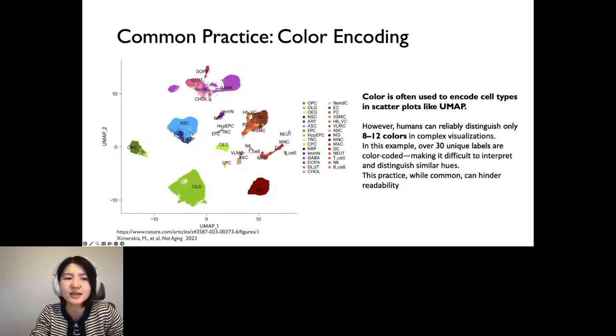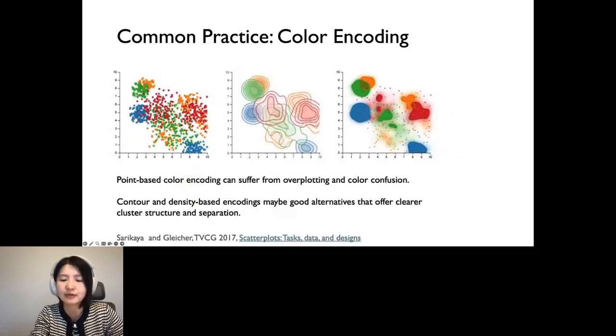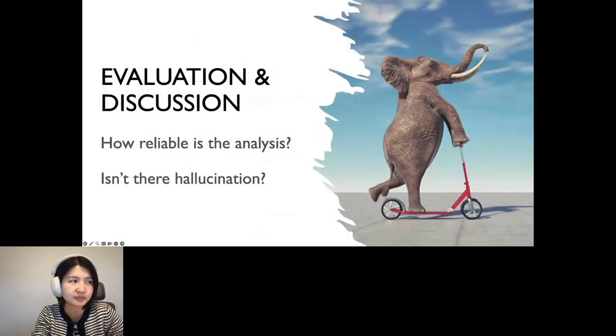But often we see scatter plots using more than 30 unique labels to indicate cell types, which, even though it's very common, can be confusing. Alternative encodings, such as contours or densities, might provide better ways of showing the different clusters and their overlap.